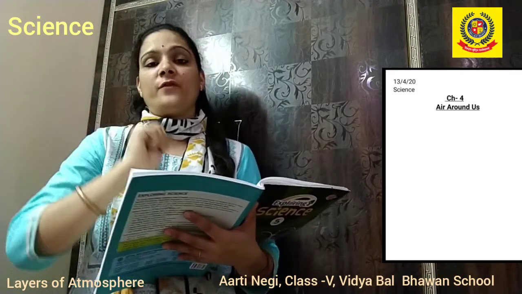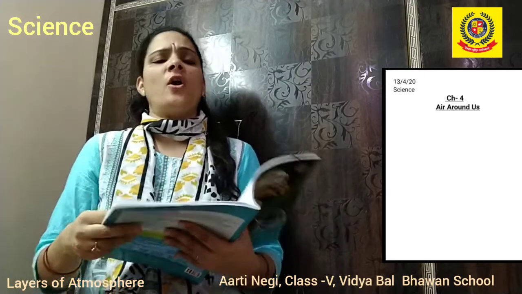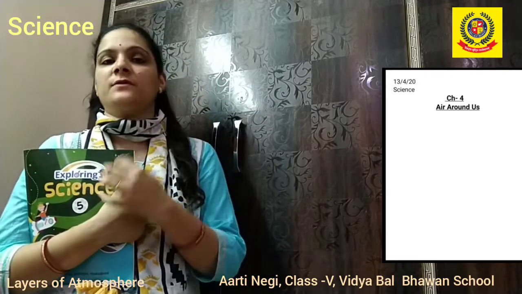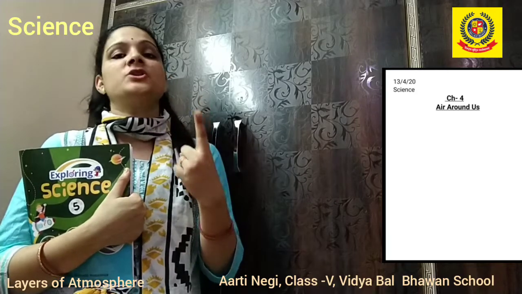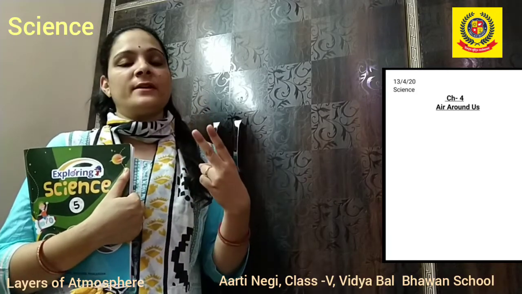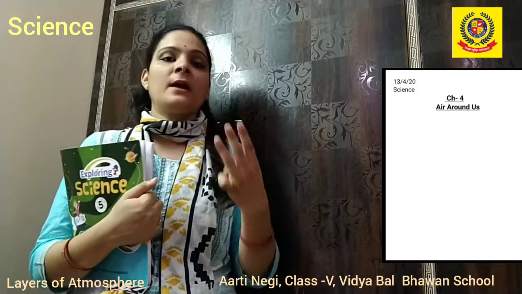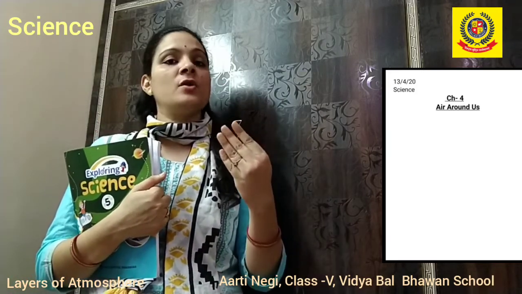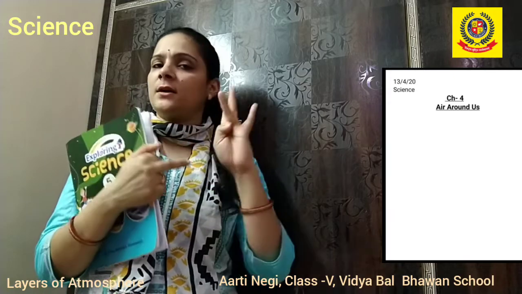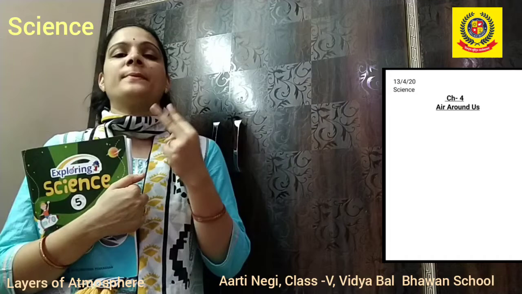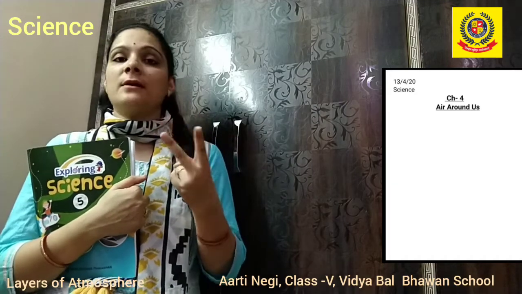There are totally 4 layers of atmosphere, or we can say we have divided our atmosphere into 4 layers. First is troposphere, second is stratosphere, third is ionosphere, and fourth is exosphere. And students, the third layer, ionosphere, is again divided into 2 sub layers.